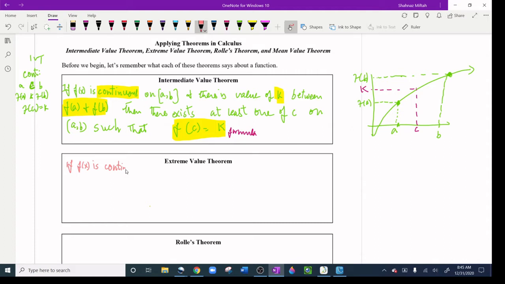Values at x equal A, or you can say x equal B, or any value of x on AB. Like you can say any value of x such that f prime x is equal 0 or is undefined.